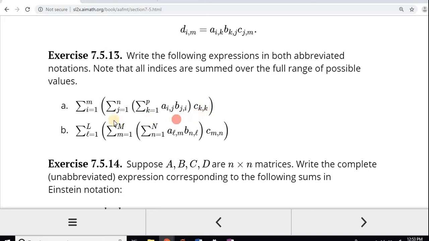And actually, if you look at this, the sum over k can be separated out on the C. So you could write this as sum over ij of aij bgi, times sum over k of ckk. And then if you use the Einstein notation, it's just going to be aij bgi ckk. That's all you write.